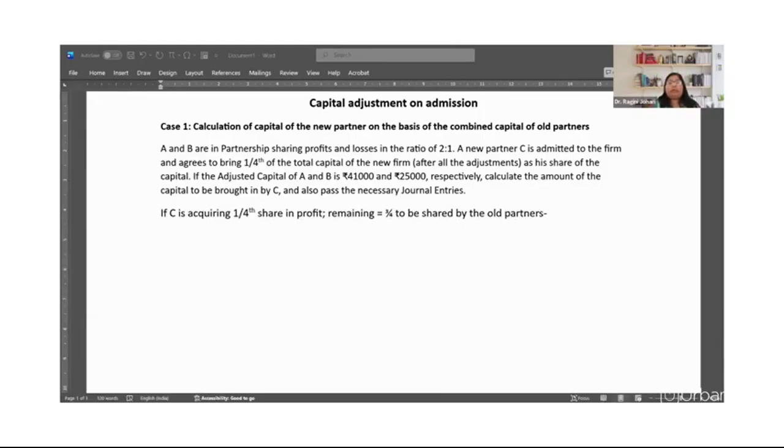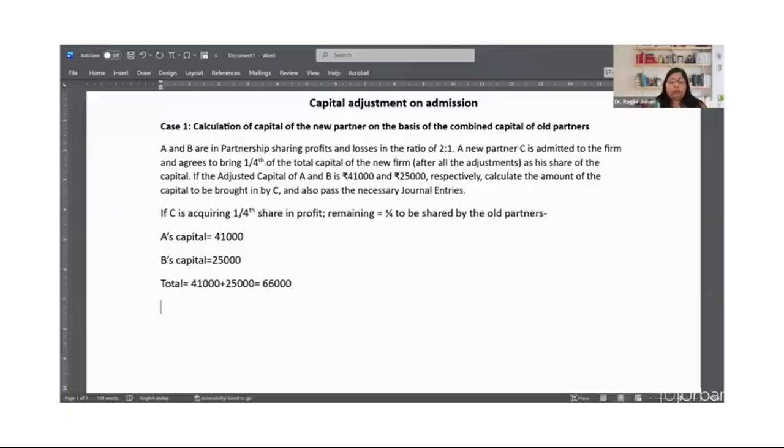Let us see what is the capital contributed by A and B. A's capital is 41,000 and B's capital is 25,000. The total of this, 41,000 plus 25,000, becomes how much? 66,000.